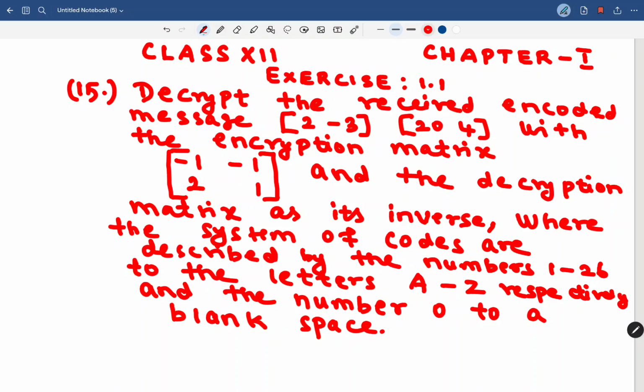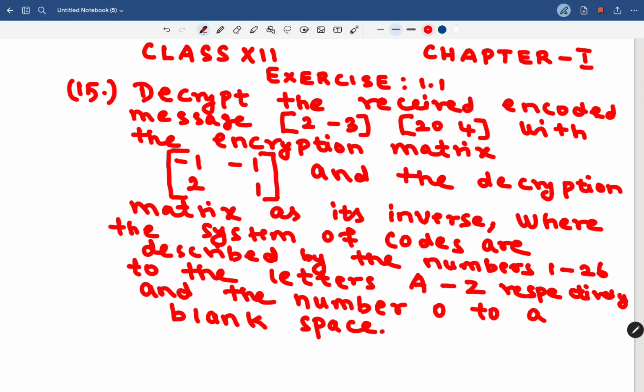This is the problem in exercise 1.1 which is entirely different from the first 14 problems. Here we have to get the message. It has been given as decrypt the received encoded message. This is very important.